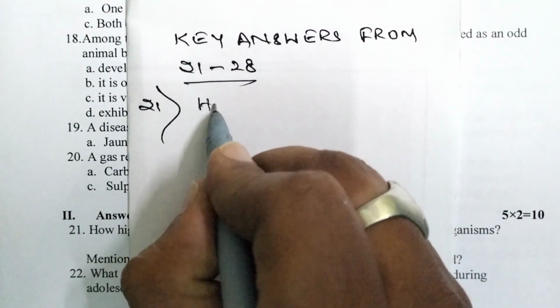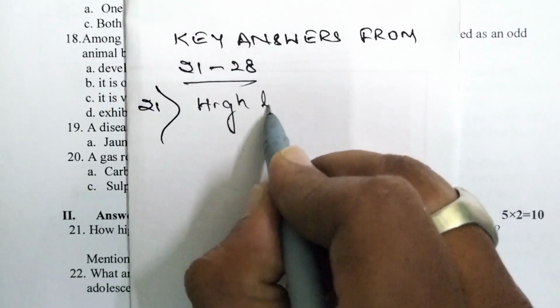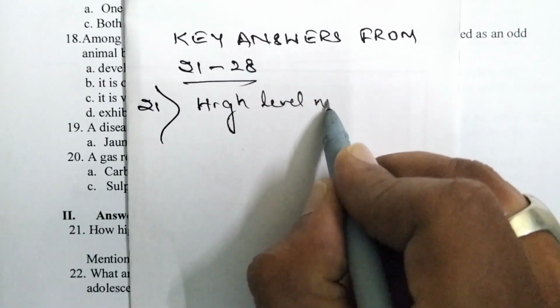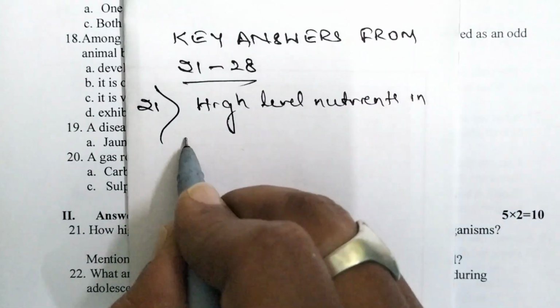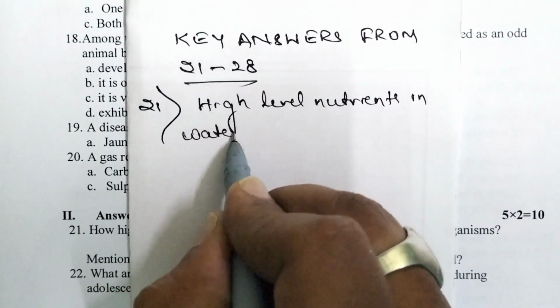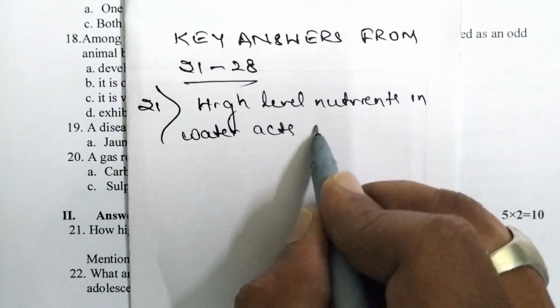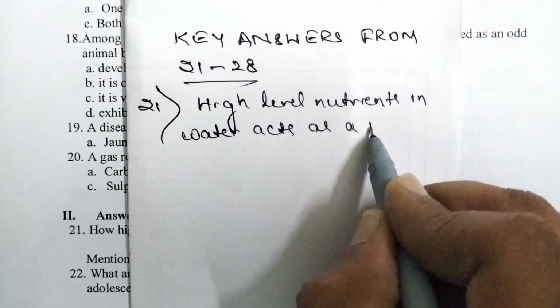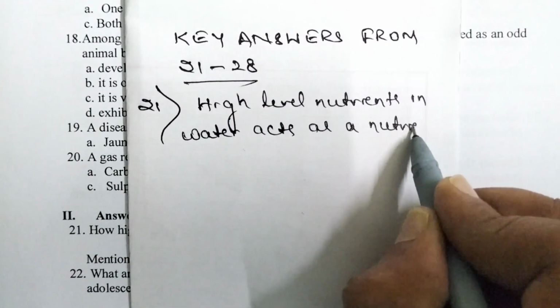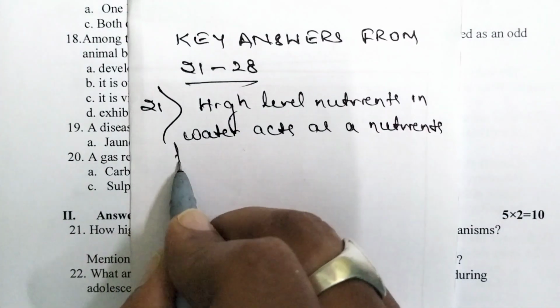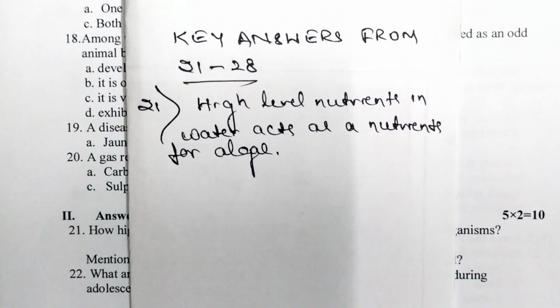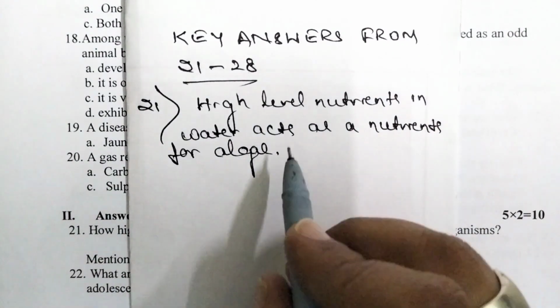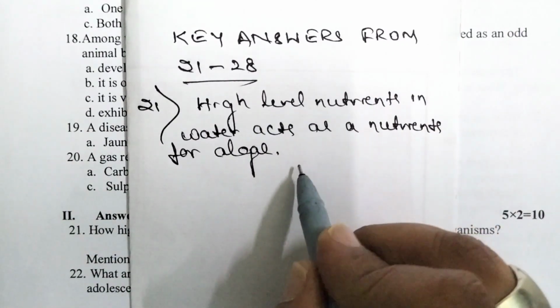High levels of nutrients in water act as nutrients for algae. For the algae this is nutrients, so it acts like food.